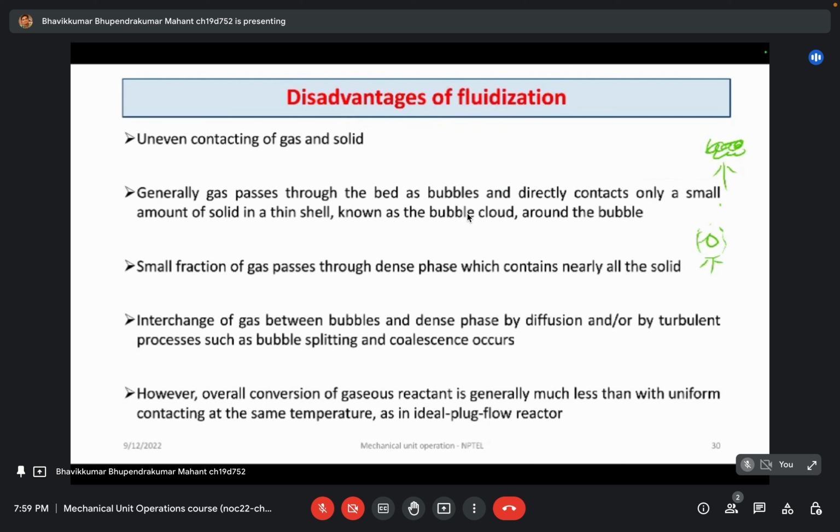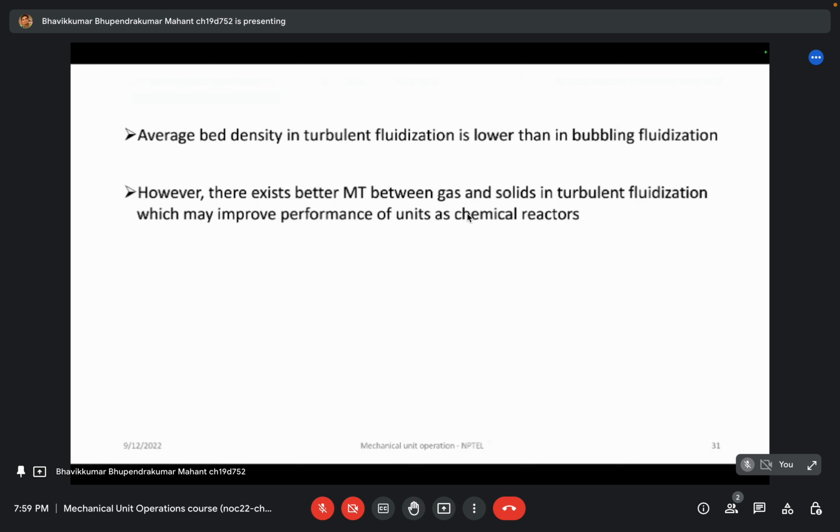However, the overall conversion of gaseous reactant is generally much less than with uniform contacting at the same temperature as an ideal plug flow reactor. If you talk about the ideal plug flow reactor, the conversion of the gas material is good, but in a fluidized bed reactor it will not be sufficient or uniform. Average bed density in turbulent fluidization is lower than in bubbling fluidization.